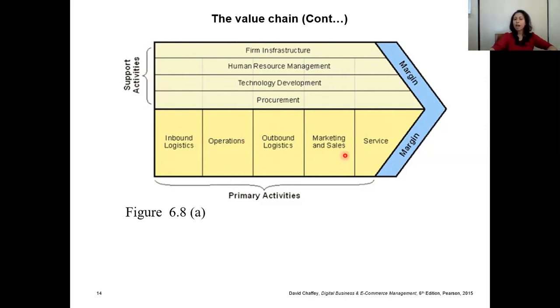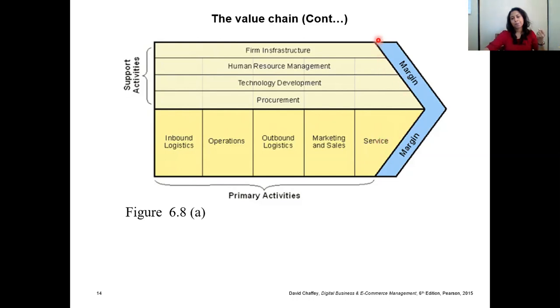And also in marketing and sales, you may find advertising, promotions, channel selections, and your sales force management, right? All these things might come under marketing and sales. And under services, those after sales services that you provide, right? Warranties and installations, deliveries, all these things we discuss under the service category.